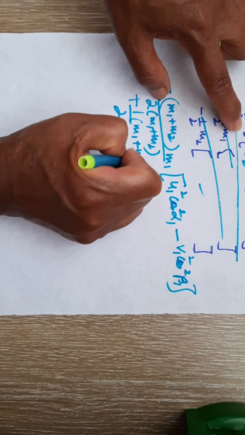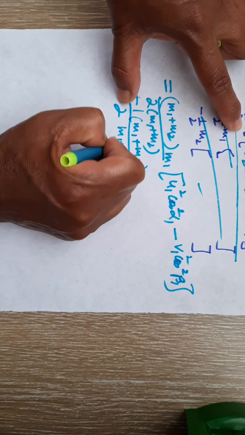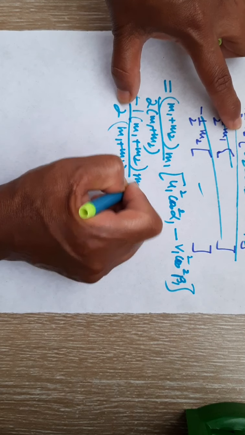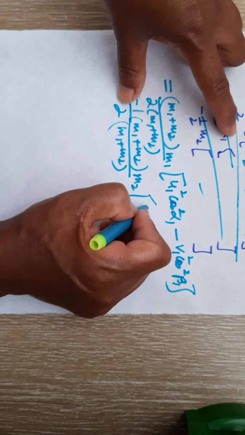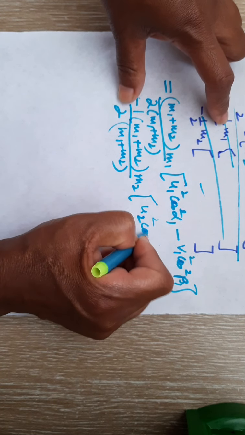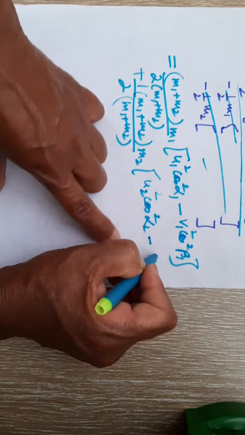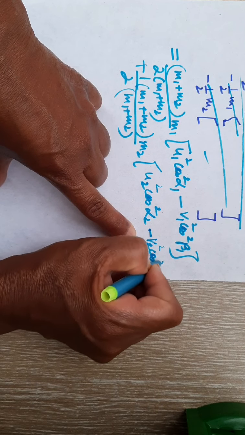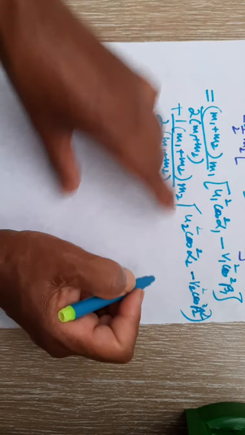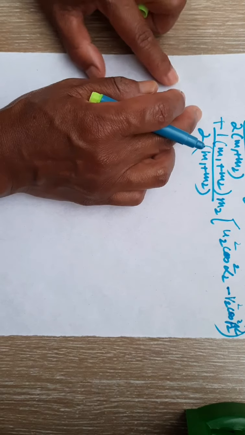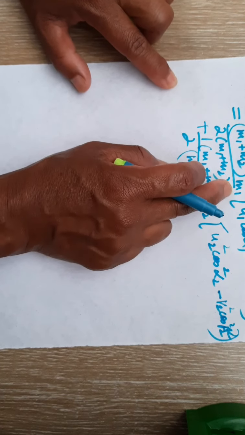You multiply and divide by this one, m1 plus m2. We need to simplify this one to get the final loss of kinetic energy. u2 square cos square alpha 2 minus v2 square cos square beta 2. That is by multiplying and then dividing by this one.